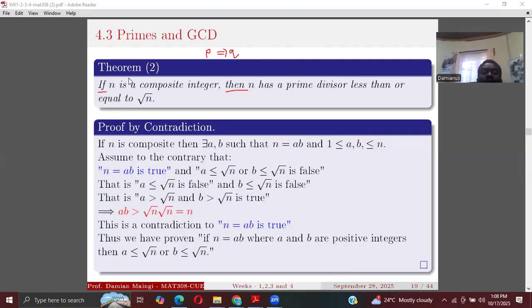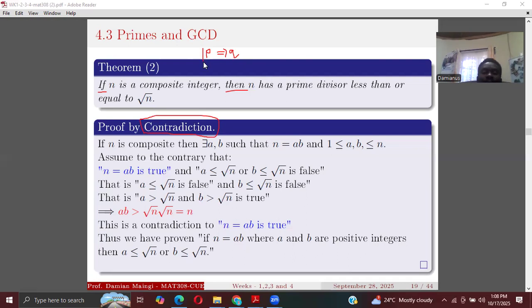So P is basically n is a composite integer, then Q is n has a prime factor less than or equal to the square root of n. So now, the proof by contradiction, in this case, we need to assume the contrary.